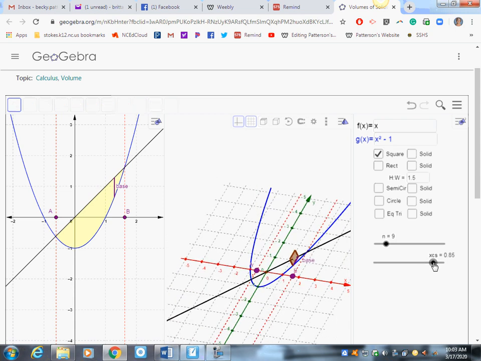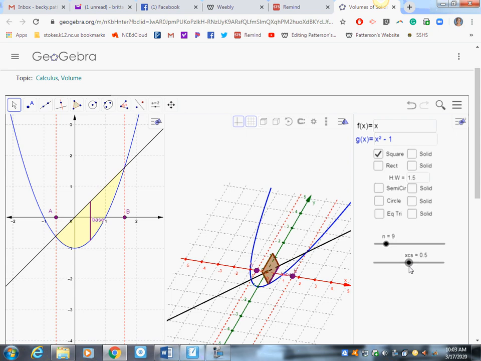And then I can go even farther up and it's going to get even smaller. The reason the square is getting smaller is because the base is smaller, and it's a square, therefore the height is getting smaller. As I drag it, you can see it getting bigger and then it's going to start to get smaller.